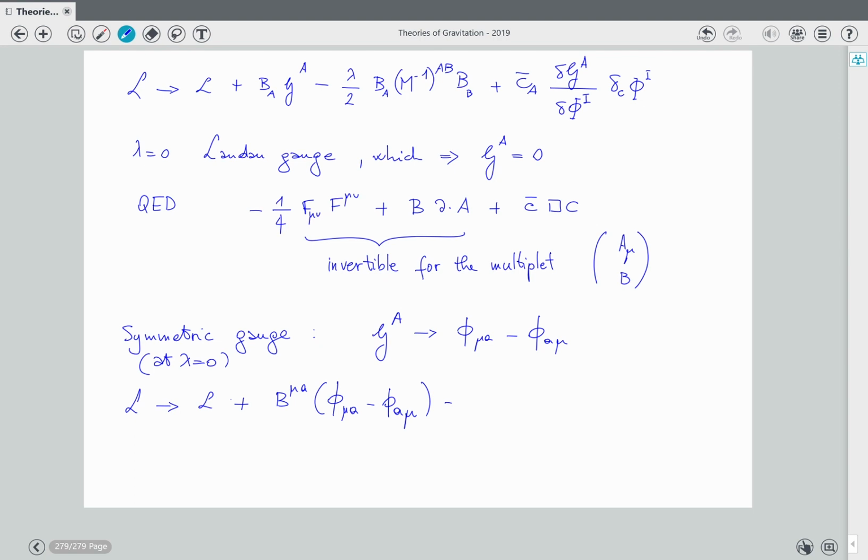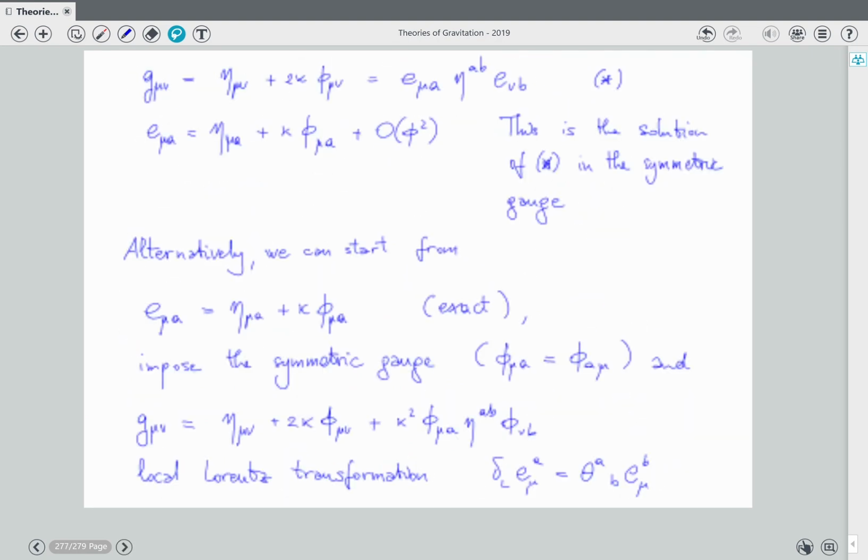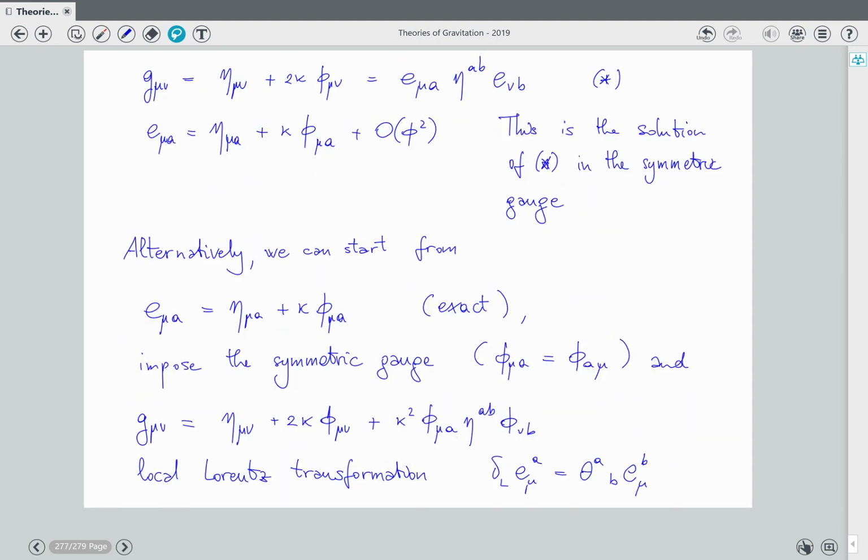And then let's build that. There will be an anti-ghost with the same amount of indices as the gauge conditions. So let's write it like that. C bar mu A. And then you have to write the gauge transformation, this one, for phi.